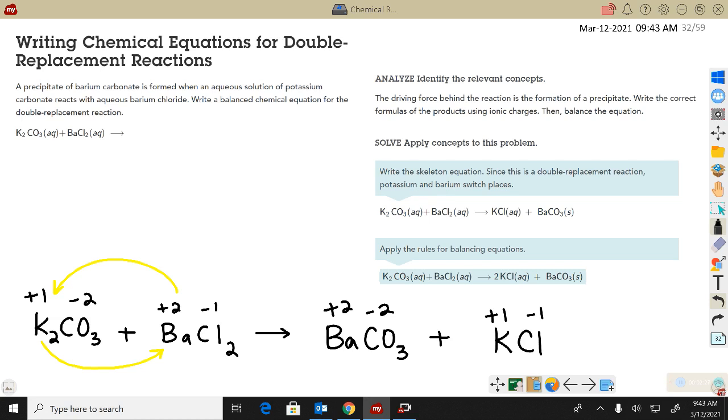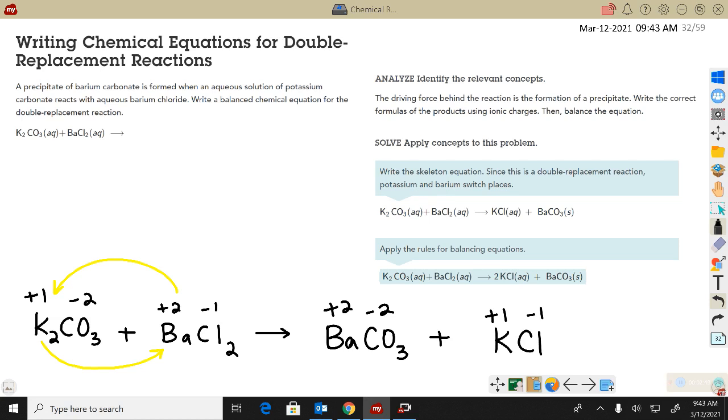And it kind of reminds me of the single replacements in that like charges can switch, whether it's a single replacement or a double replacement. I can't switch the ions in a way that would give me like 2 positives together or 2 negatives together. On the product side, it's still got to be a positive with a negative.